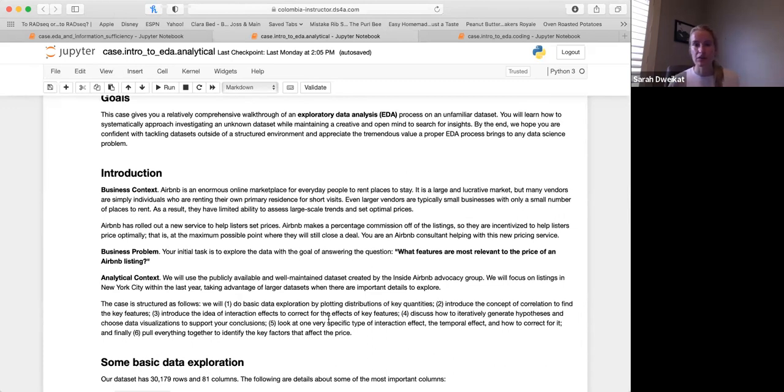There also are larger businesses; sometimes hotels will rent on Airbnb. And because this is a bunch of small businesses together, it can be difficult to optimize prices. It can be difficult to figure out trends because it's a lot of sub businesses in one. So our goal for today is to figure out what features are most relevant to the price of an Airbnb listing.